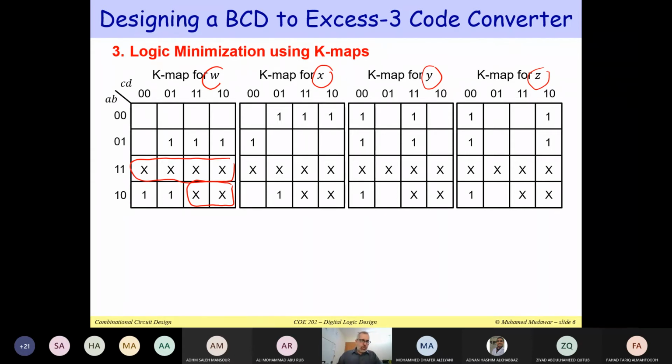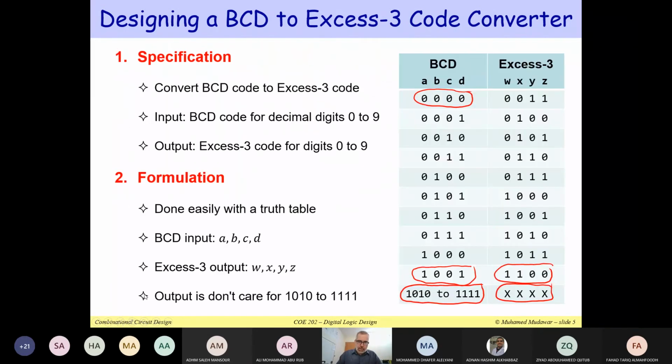So what we need to do now is the logic minimization. I drew here the Carnot maps from the truth table. Just go back to the truth table, look at the column of W here and draw a Carnot map for it. So this is my column for W. Sorry for my handwriting.